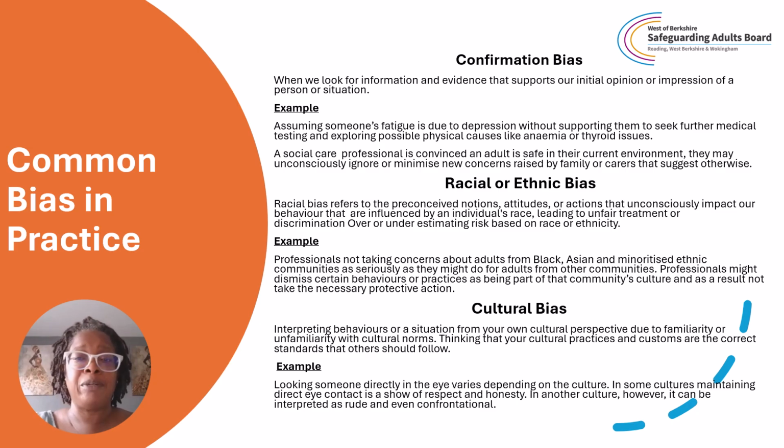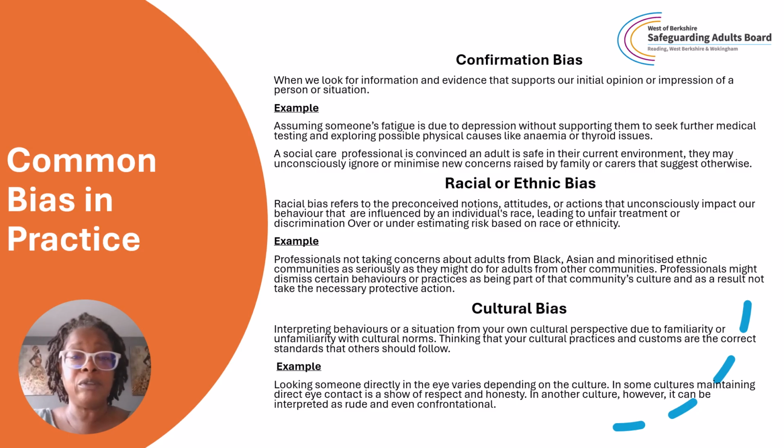Racial or ethnic bias. Racial bias refers to the preconceived notions, attitudes or actions that unconsciously impact our behaviour, that are influenced by an individual's race, leading to unfair treatment or discrimination, over or underestimating risk based on race or ethnicity.